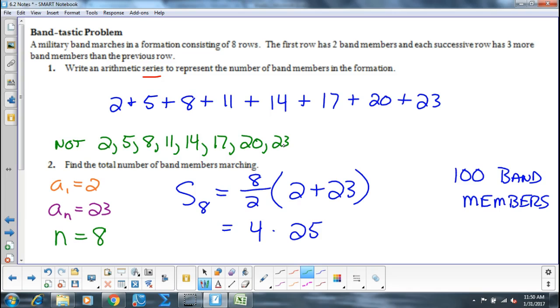Can I add up all the terms of that sequence? Yeah, and then I would still get 100 band members. Okay, but write it in series notation. That means I have to write it in the blue form, not the green form. I can still get the sum from the sequence, but it's technically a sequence, not a sum.